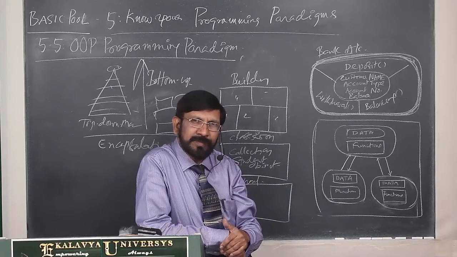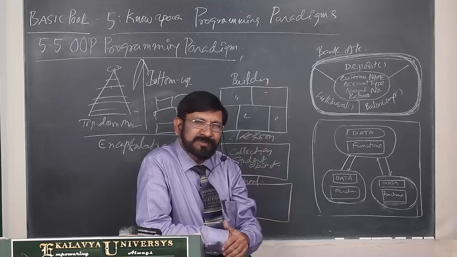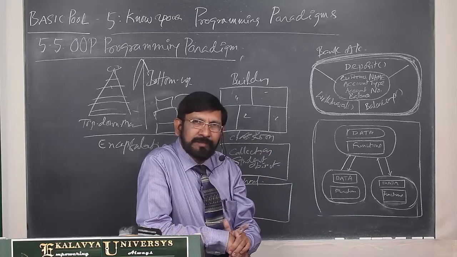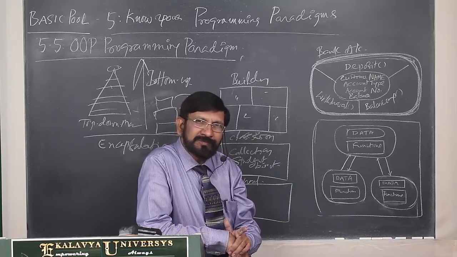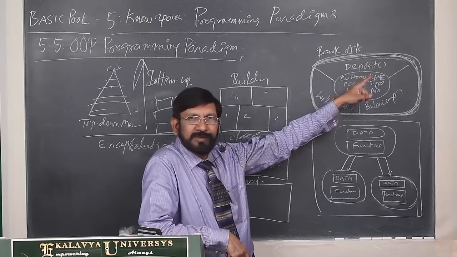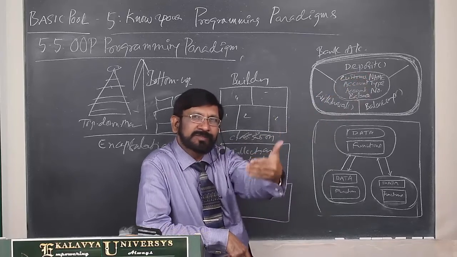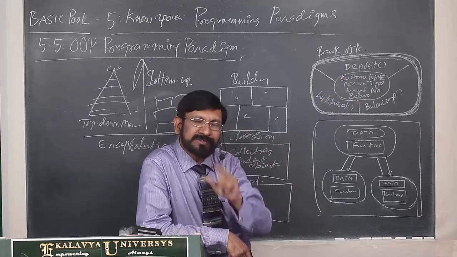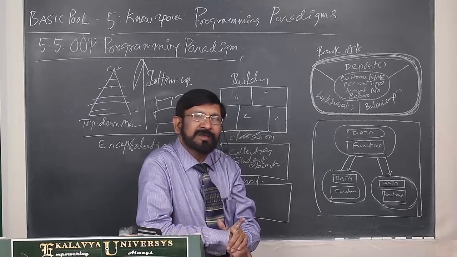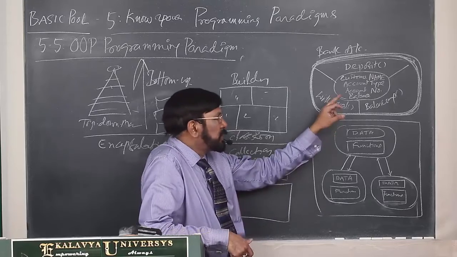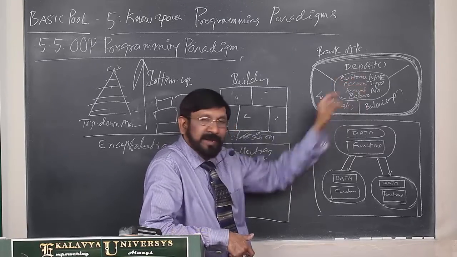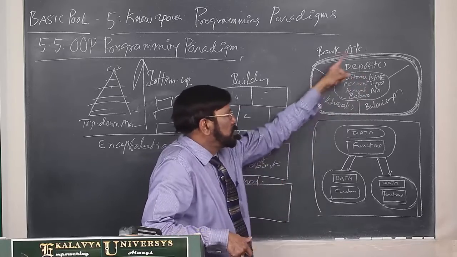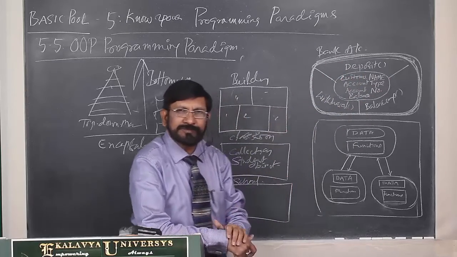Can you see the bank balance in your friend's account? No. But if you want to deposit, you can deposit. That means you are interacting with his account, but you cannot access his data. Understand? So that is the power, called data hiding. This is possible through encapsulation.